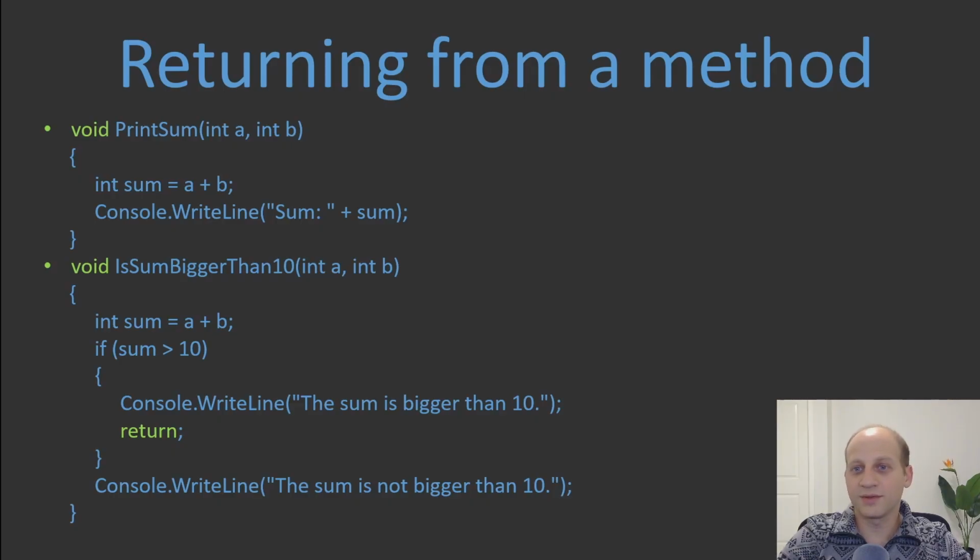As you can see, the method can exit at any point using the return keyword. Even if we have more lines of code in the method, it will exit when it runs the return statement. Also, we may have multiple return statements, and the method will exit when it reaches one of them.